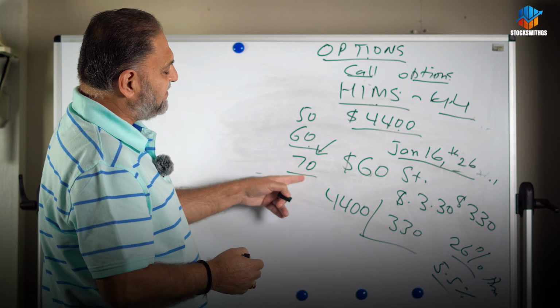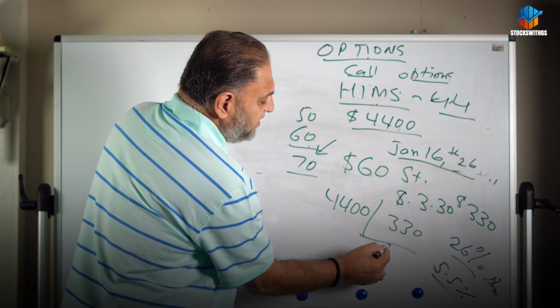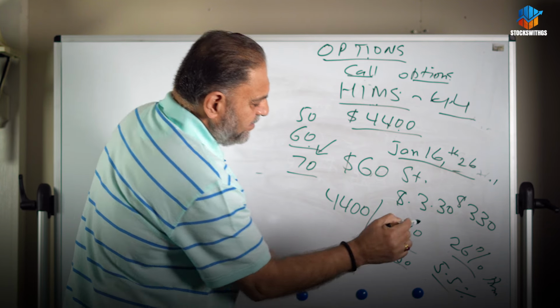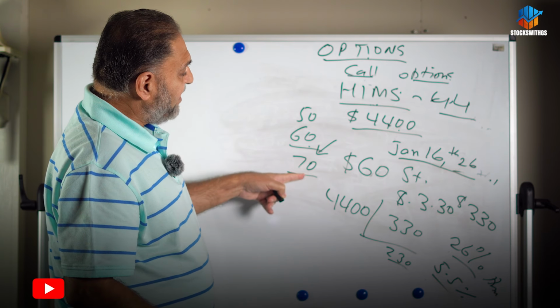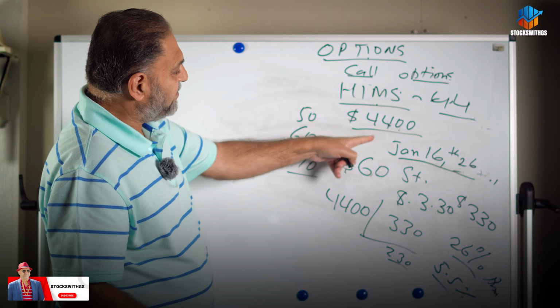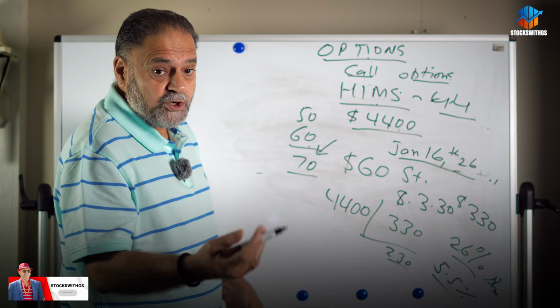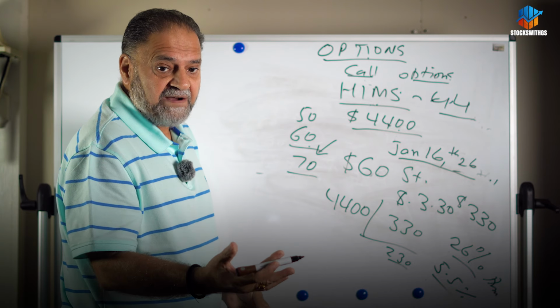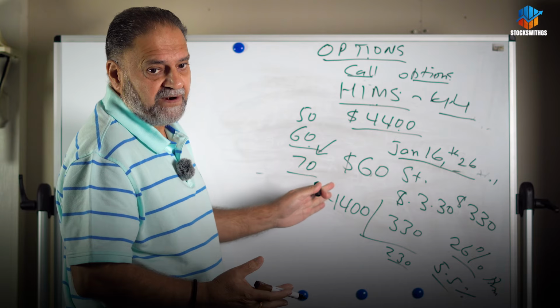If you think you want to sell it for 70, you don't want to sell it for 60, then your premium may be not 330, it may be 230. You make less premium because the price is higher. So if it goes to 70, then you make this capital appreciation from 44 to 70, plus you keep 230. So it depends on you. How much premium do you want to have? Which strike price do you want to sell this stock for?